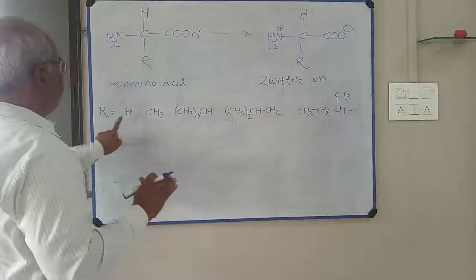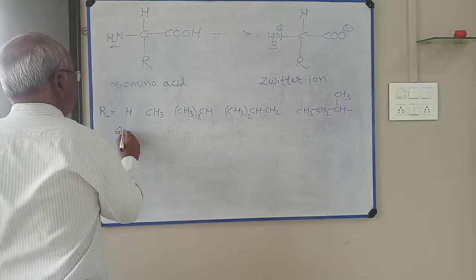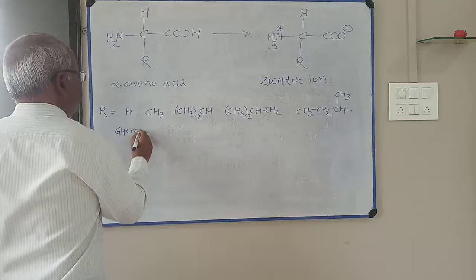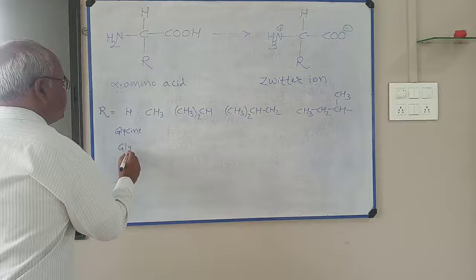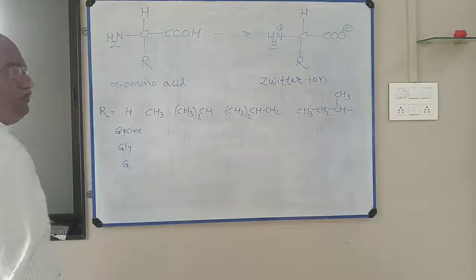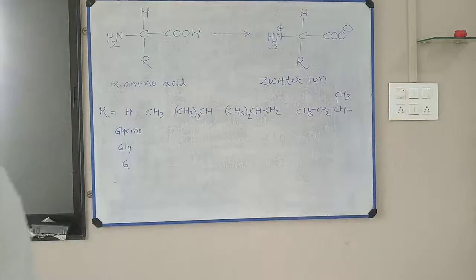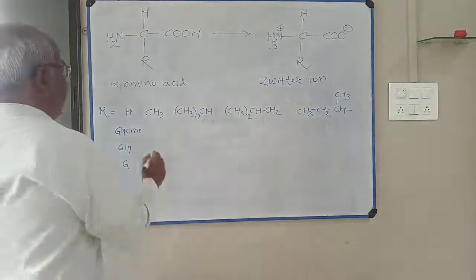When R is equal to hydrogen, this is called glycine. It is denoted by 3 letters Gly and 1 letter G. R is equal to CH3, it is called alanine.